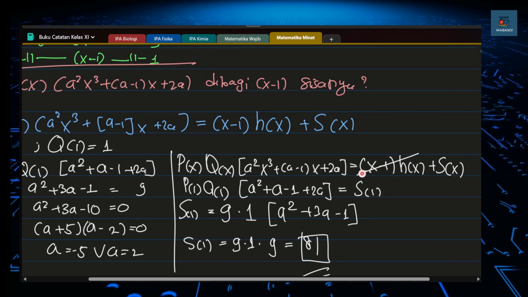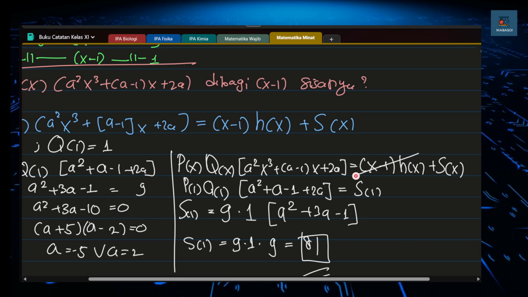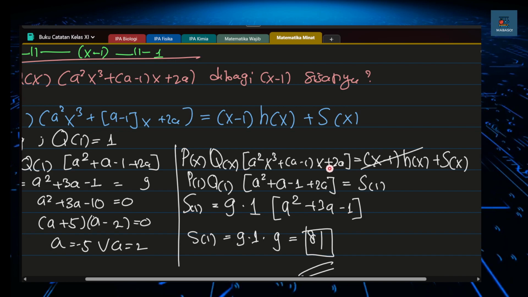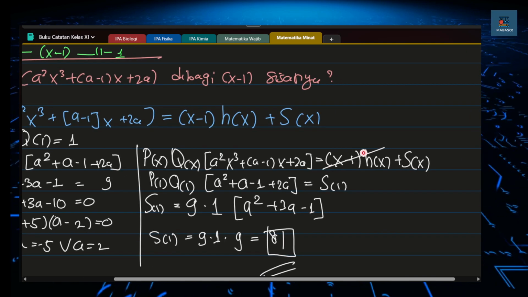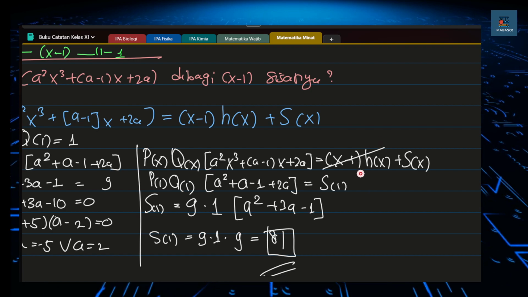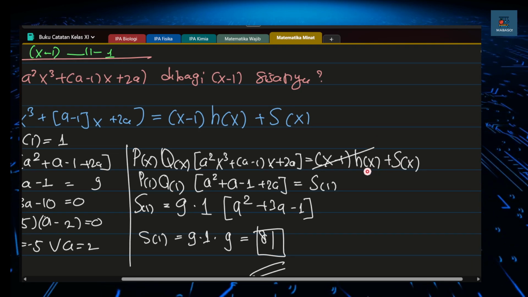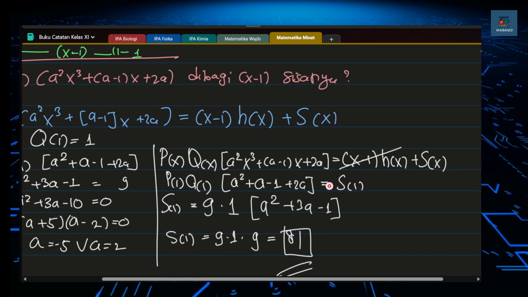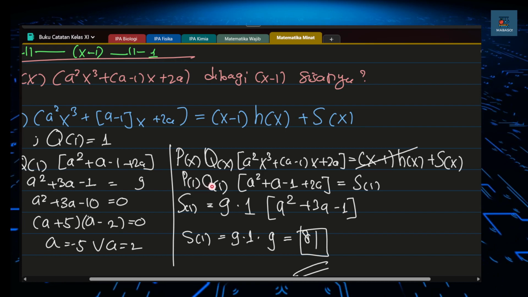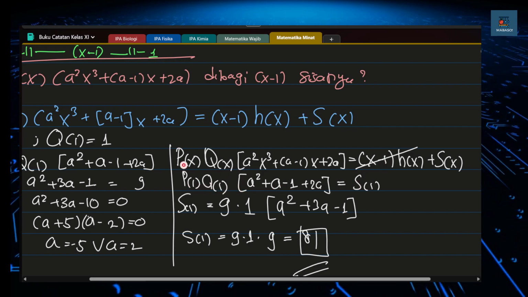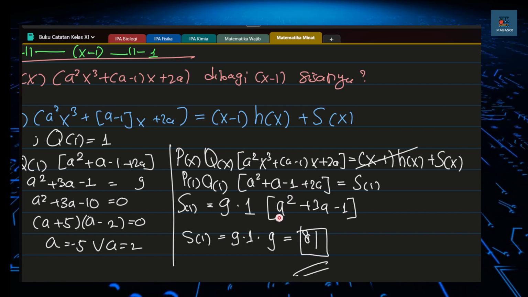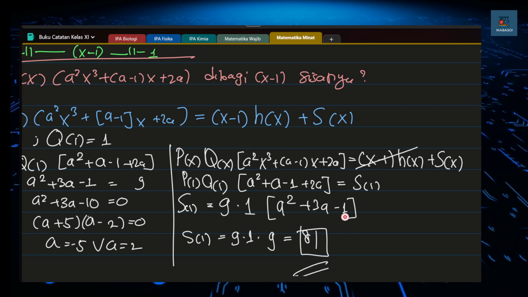If we choose x equal to 1, this term would be equal to 0, so we don't have to take it into account. We don't have to care what the quotient of the division is. We only focus on the remainder. It would leave us with P(1) times Q(1) times this term, which simplifies to a squared plus 3a minus 1.